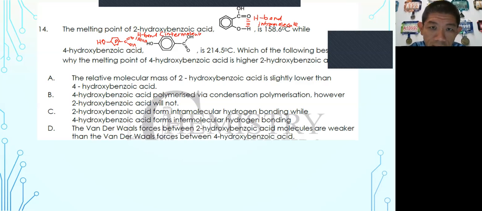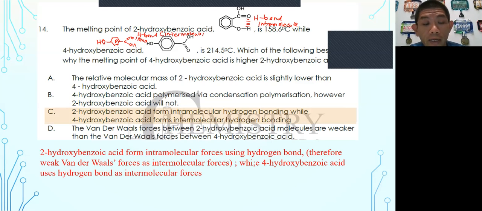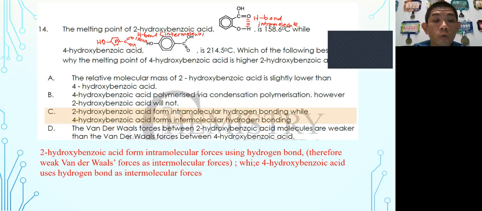Because of these intermolecular forces, the hydrogen bond becomes stronger. So that is why the melting point of the 4-hydroxy benzoic acid is greater than that of the 2-hydroxy benzoic acid. Okay, so the best answer in here is C.